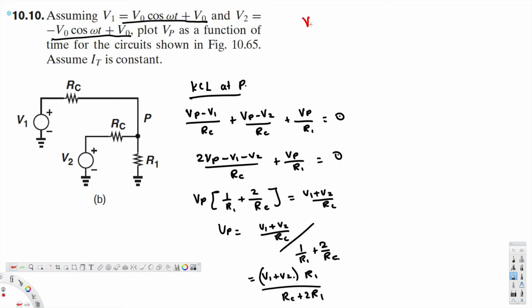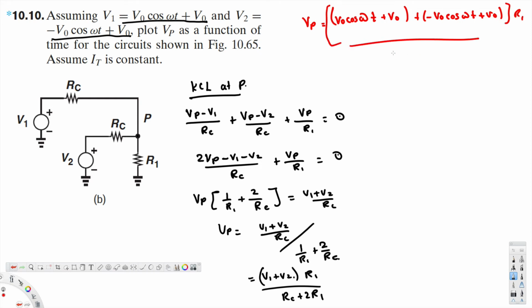So VP will become, instead of V1, I plug in V0 cos omega t plus V0, and instead of V2, we plug in negative V0 cos omega t plus V0, altogether times R1, divided by RC plus 2R1.